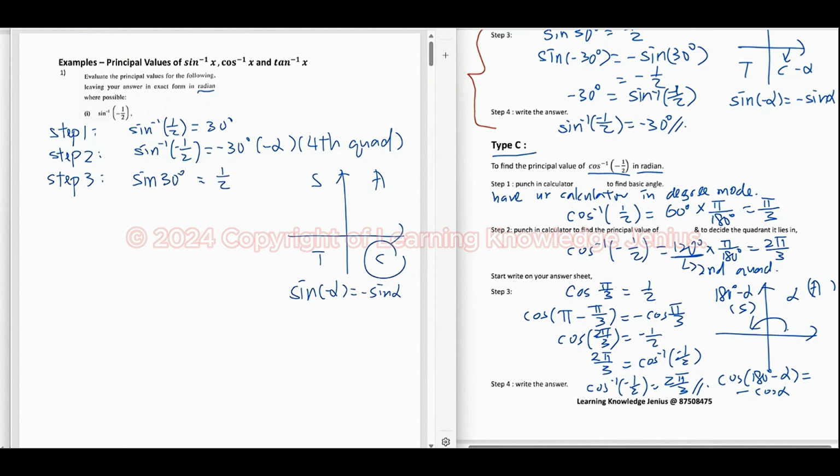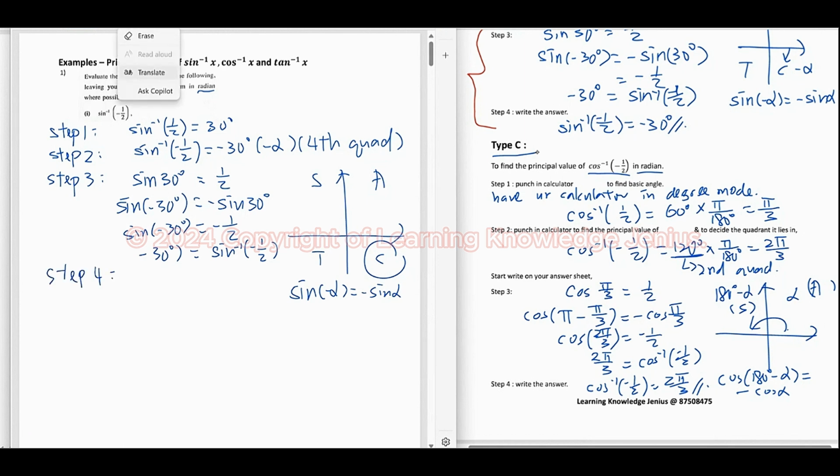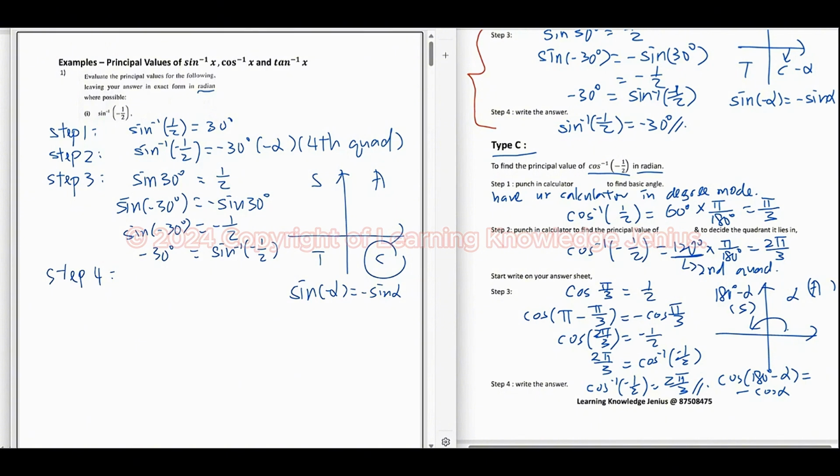Based on the relationship, we have sine of negative 30 degrees is equal to negative sine 30, so it's equal to negative half here. And so we end up with negative 30 degrees is equal to inverse sine of negative half. Then step 4 is where you write the final answer. Then you can write the final answer is this one.